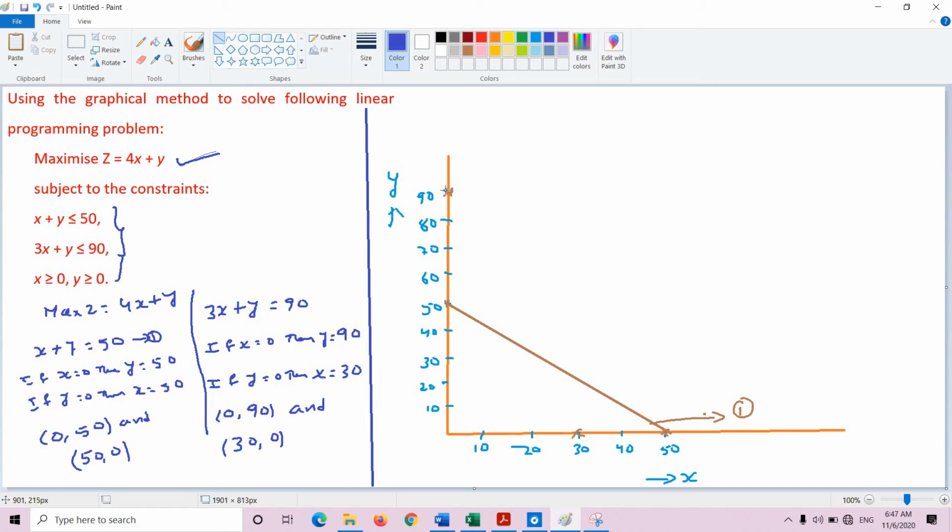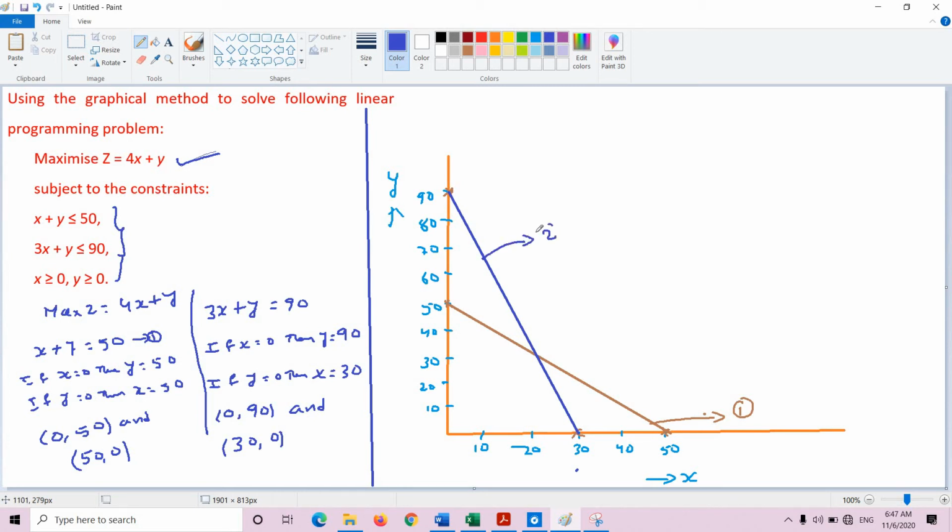Let us join these two points, 0, 90 and 30, 0. This is your equation number 2.